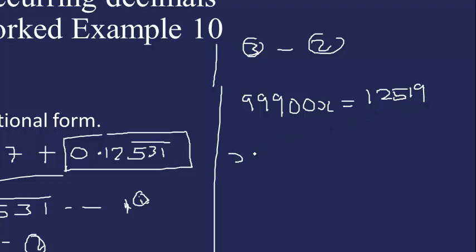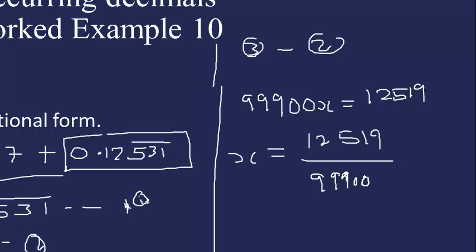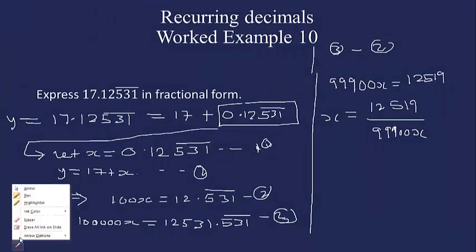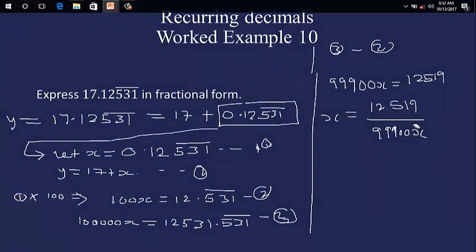So our x now is equal to 12519 over 99900.